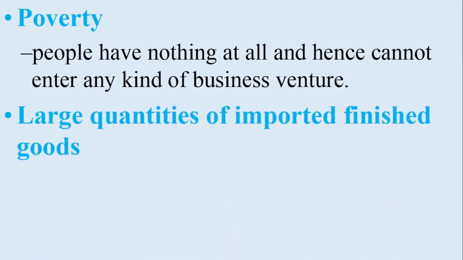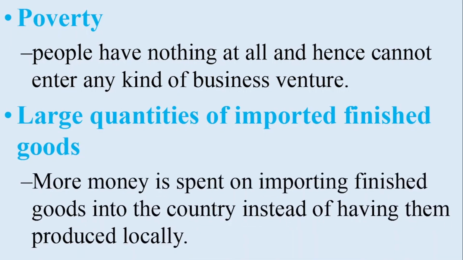The other point is large quantities of imported finished goods. Too many imports make our economy bad. We should encourage a lot of people, for example, to manufacture cooking oil, grow potatoes, bananas, and so on. Some of the things we don't need to import.